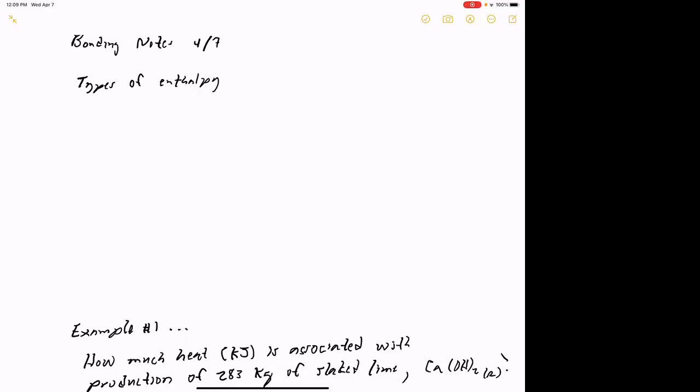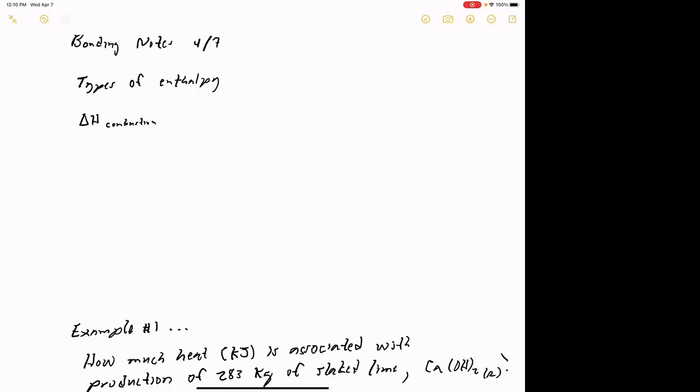All right, so just a few different types of enthalpy that you might encounter in problems. One might be a delta H. Remember, delta H is my symbol for a change in enthalpy. Might be a delta H of combustion. This is an enthalpy associated with a combustion of, say, a hydrocarbon.